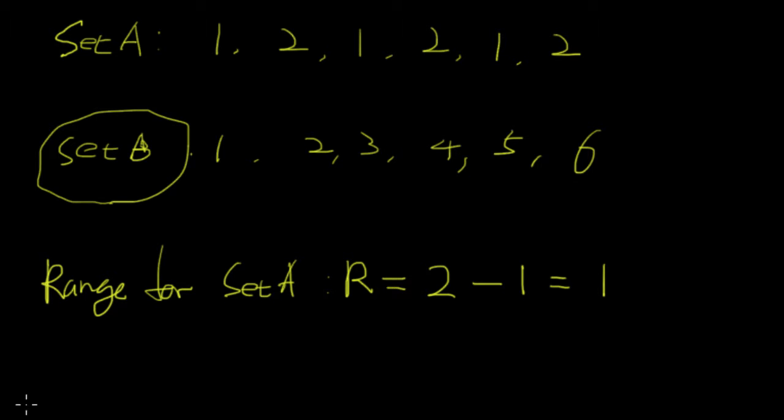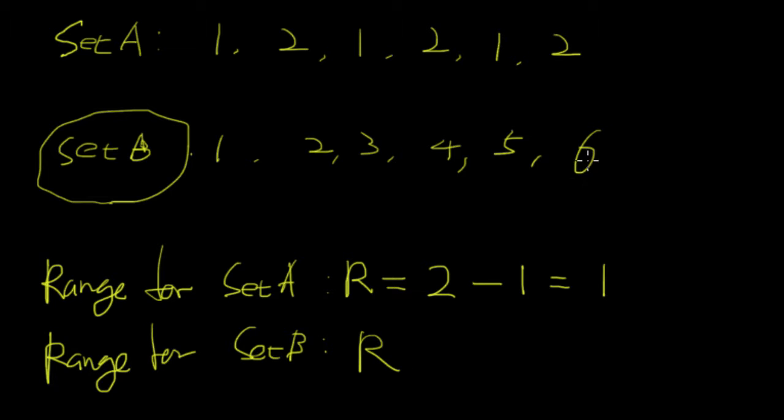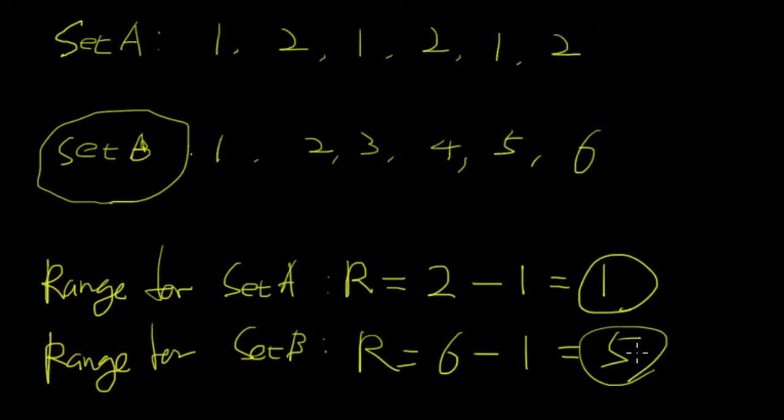Now the range for set B: the highest value would be 6, the lowest value would be 1. So there you go, we have 1 and 5.